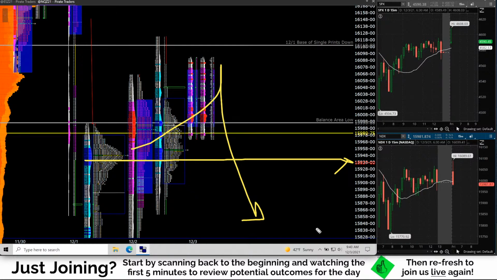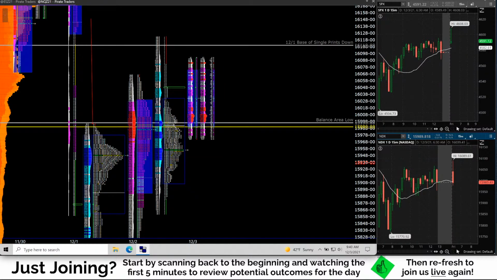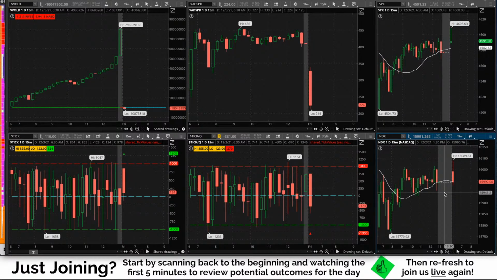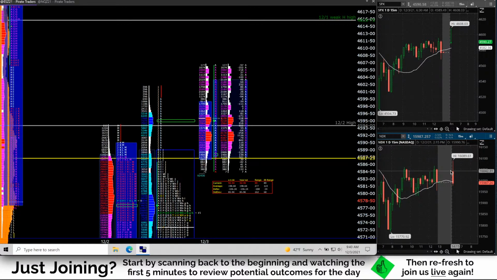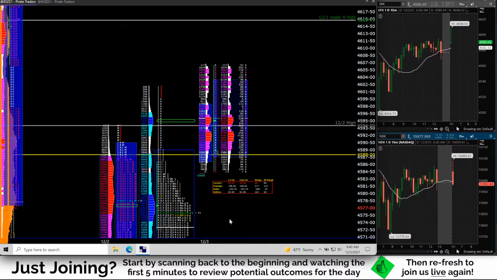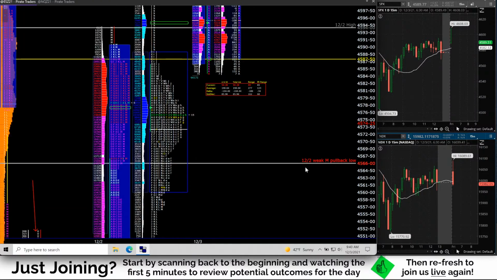But we'll give the buyers a chance here. On the ES, I'd call that same area like 74, 75. If it starts to break below there, it's definitely going to go repair that weak M period low. Looking for further continuation from there.